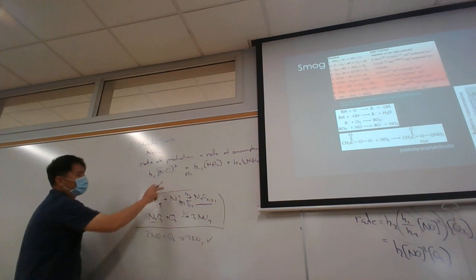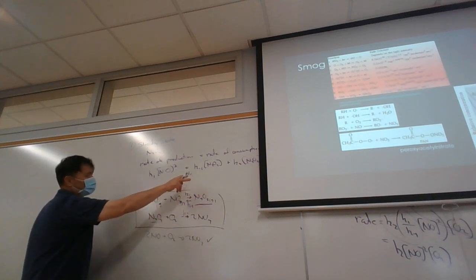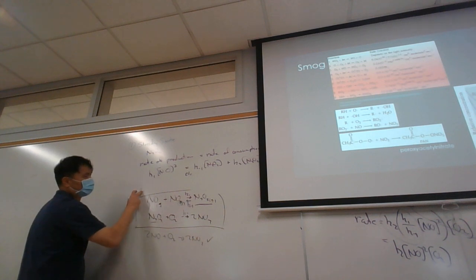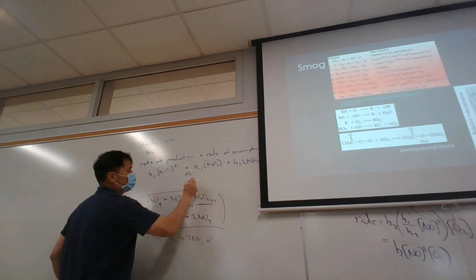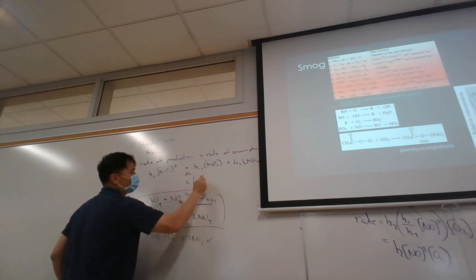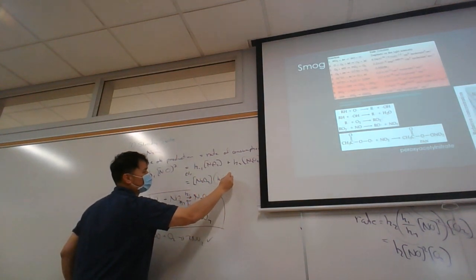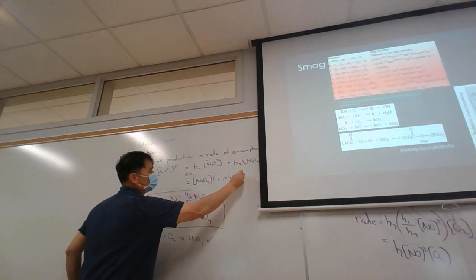And so the etc. here is solving for N2O2. And so we'll factor out the N2O2 here. If I factor out the N2O2, I'm going to get K minus 1 plus K2 O2.